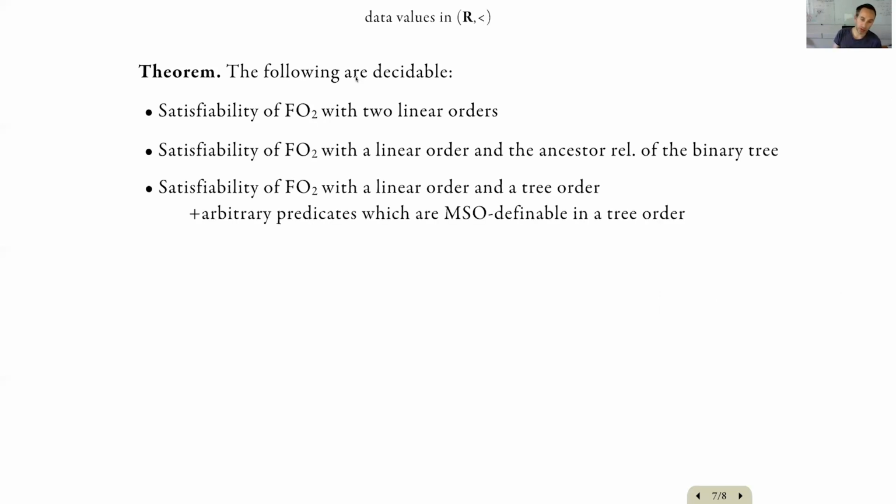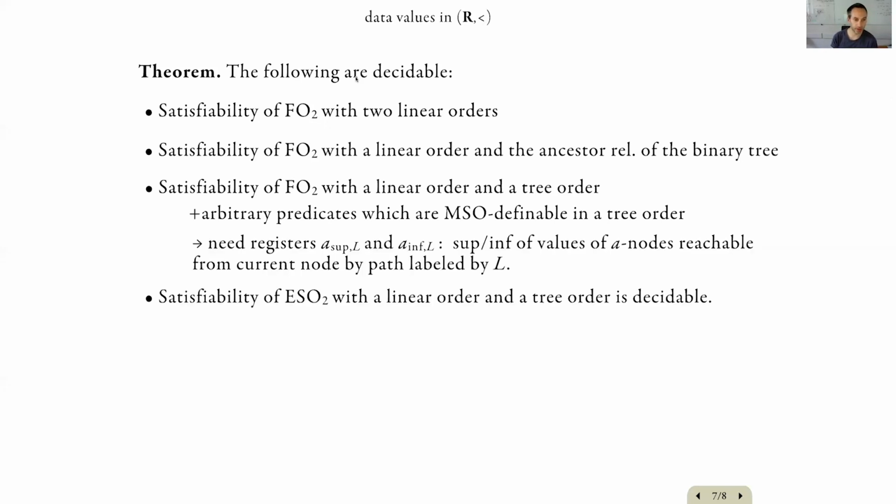Actually, we can add even more using the power of register automata on trees. Namely, we can extend our structure by arbitrary relations which are definable in the tree order. So for example, we can extend it by the successor relation in the tree order.